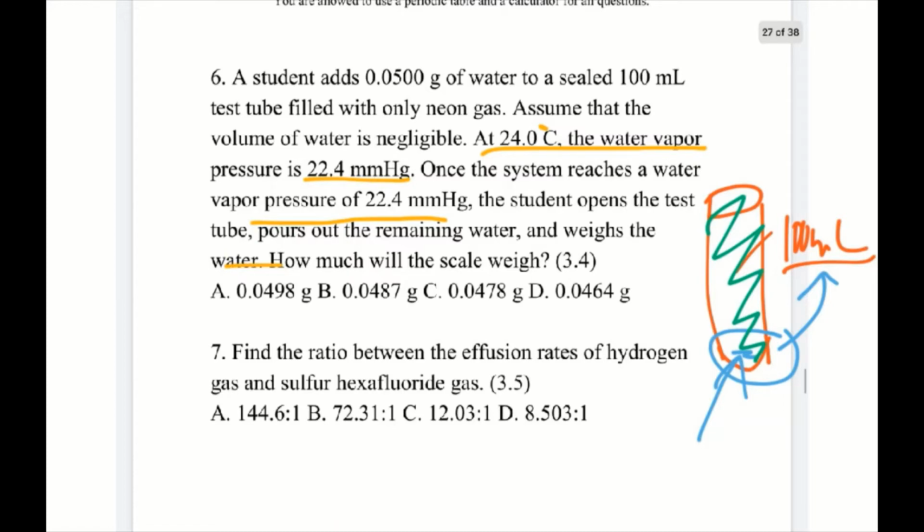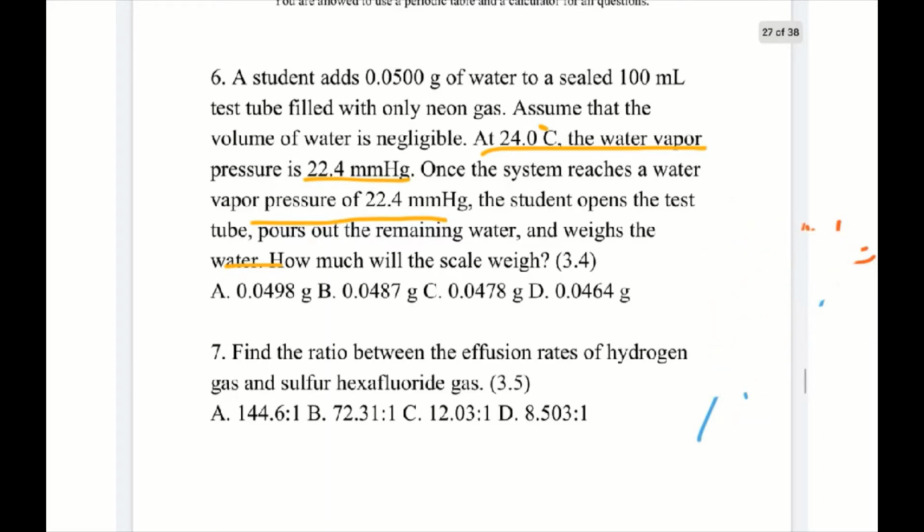Well, for this question, you have to think about what water vapor pressure is and how it works. So in our test tube, I'll erase this. We will have a test tube filled with neon gas, which we won't show. And note that when you seal it, the only gas that's in it is neon gas, and there's no H2O gas.